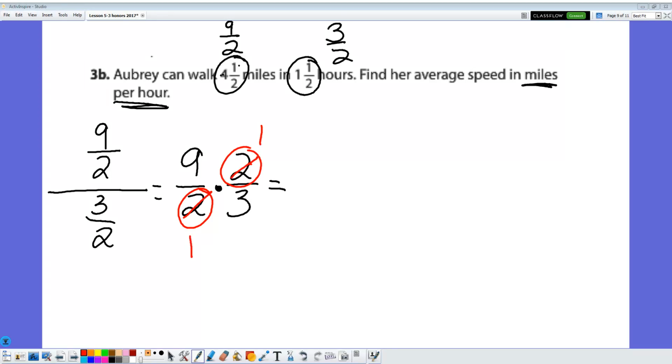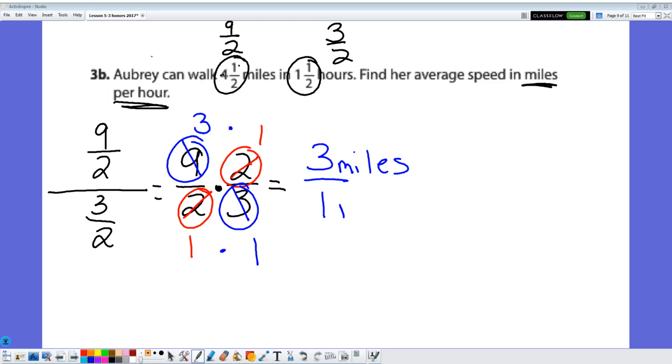That's going to be 1. Now, if I do the reverse, 3 divided by 3 is 1, and 9 divided by 3 is 3. So 3 times 1 is 3. 1 times 1 is 1. So my answer is 3 miles per hour.